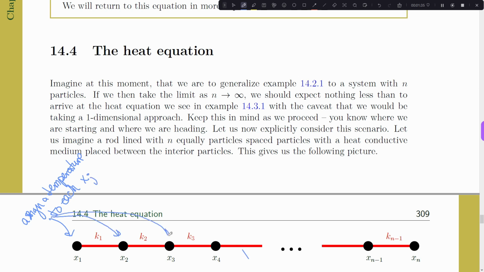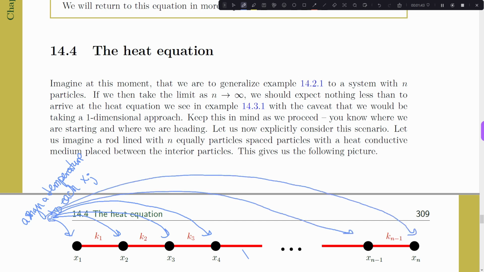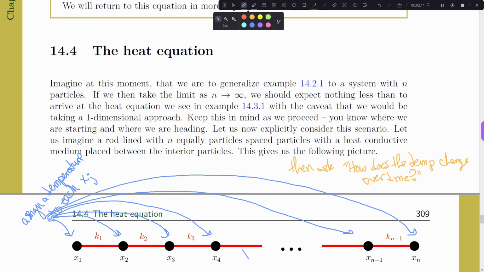So each node is going to gain a temperature, and I then ask: how does the temperature change over time of each node?